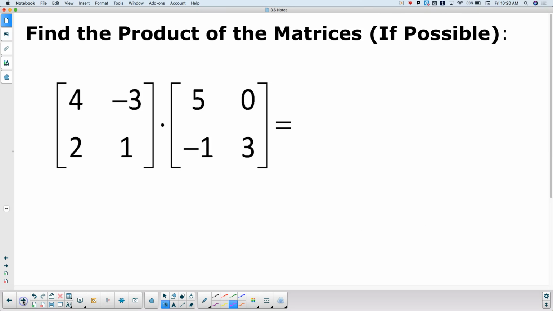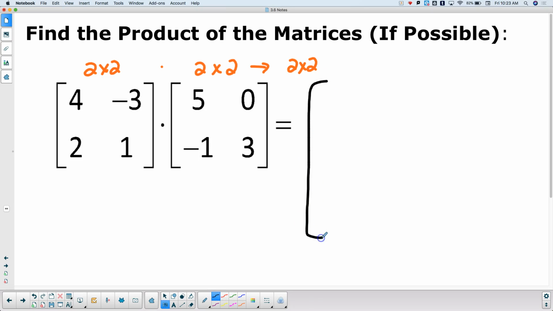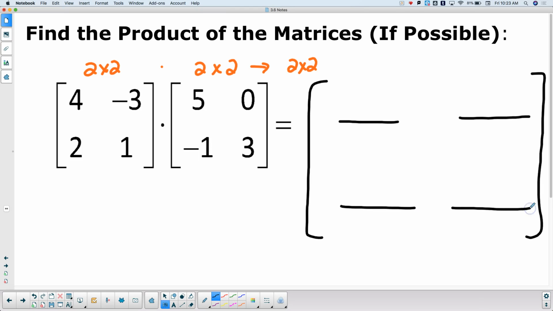What I'd like you to do now is multiply those two matrices together. My result is going to be a 2 by 2 matrix.